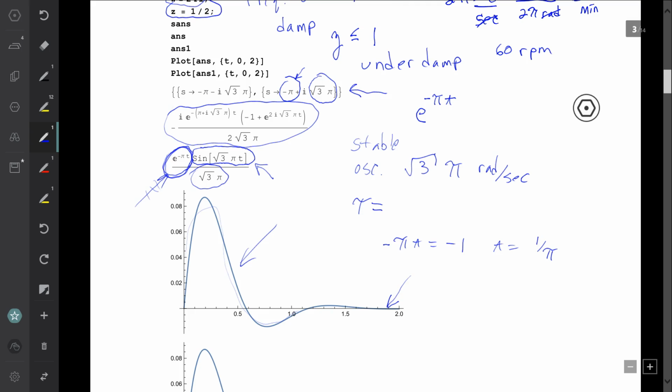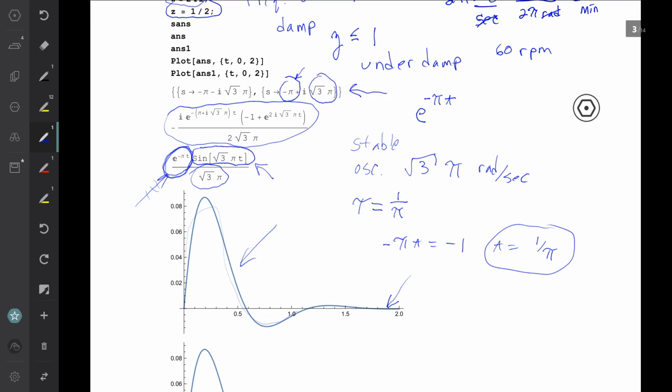The easier thing to do is take the real part, change the plus and minus sign so it becomes positive in this case, and then take 1 over that value. So the time constant, looking at the s equation, is 1 over pi. So that's the time constant.